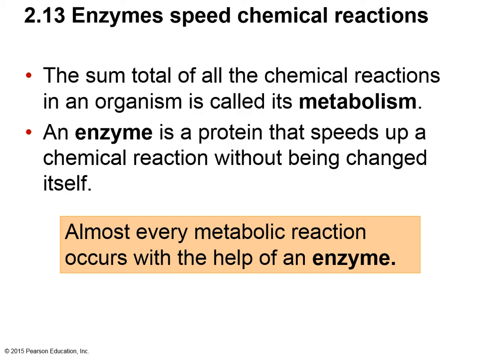So the enzyme speeds up those chemical reactions, and it's not changed itself in the process. So most metabolic pathways occur in a series of chemical reactions, and those chemical reactions occur with the help of an enzyme.